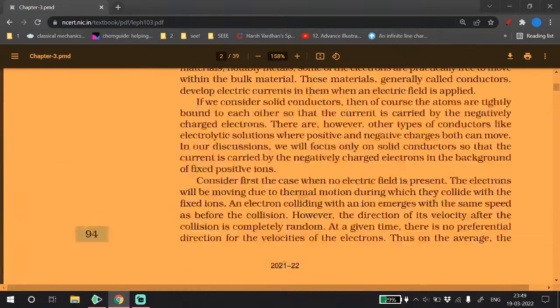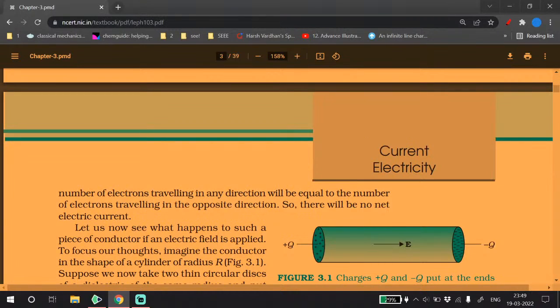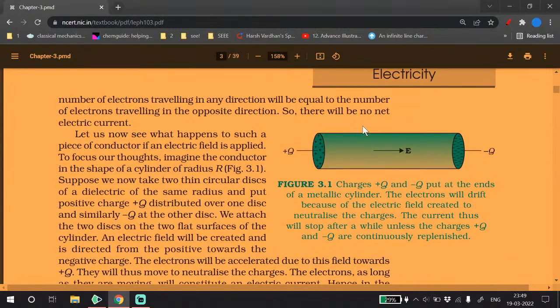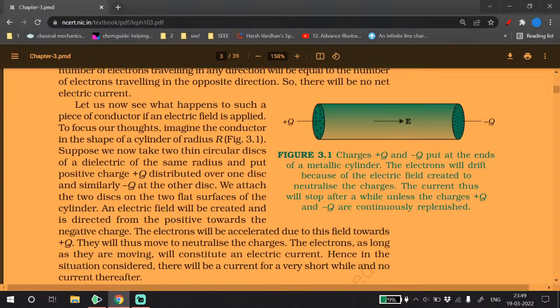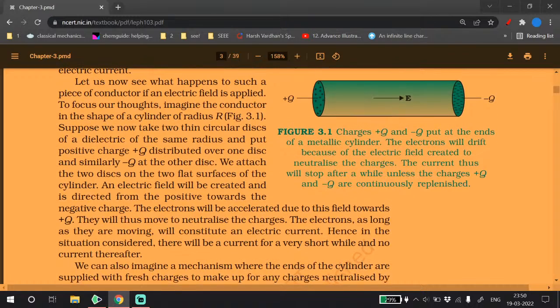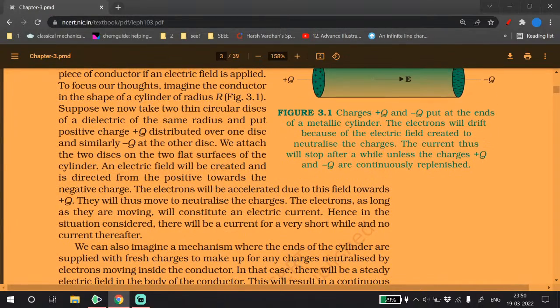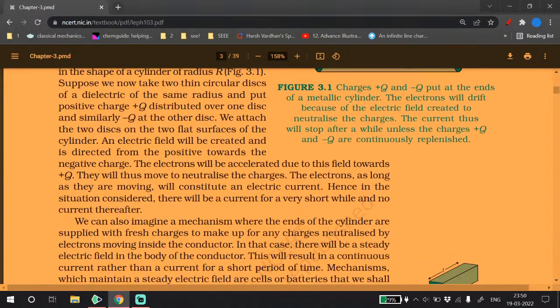This is similar to electrostatics. Actually, there is no difference between electrostatics and the current flow, because it happens very fast in statics. The electrons move to neutralize the electric field very fast, but the battery will keep supplying charges, so it just happens continuously until the battery runs out. So that's the same.